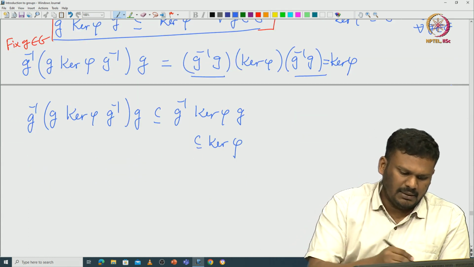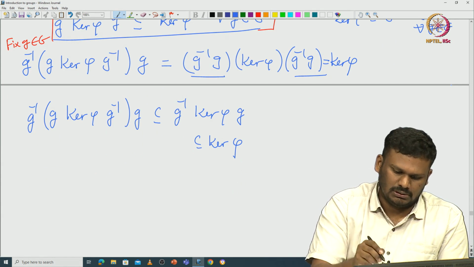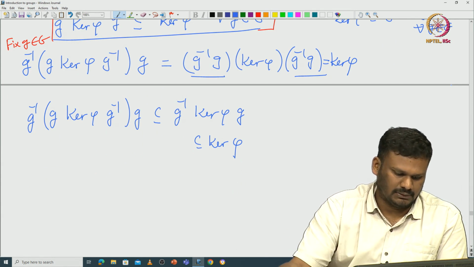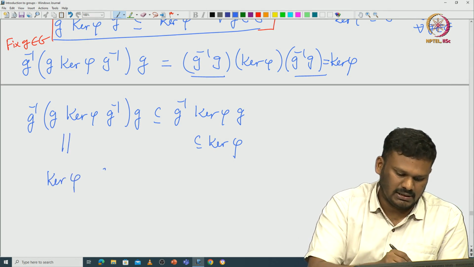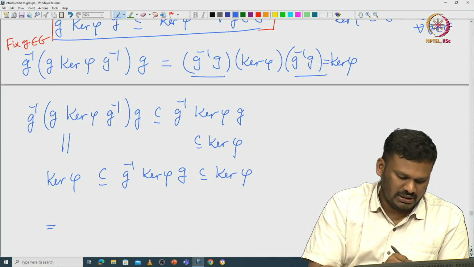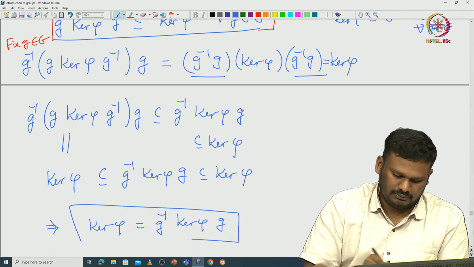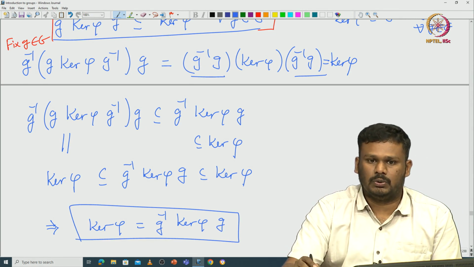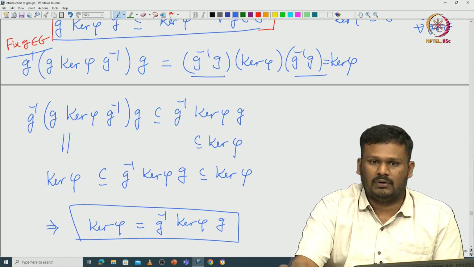So in particular, you can see that kernel phi, which is equal to this, is a subset of g inverse kernel phi g, which is a subset of kernel phi. So this implies kernel phi is equal to g inverse kernel phi g. This is what we wanted to prove, and it is true for any fixed g in G, so it should be true for all g in G.